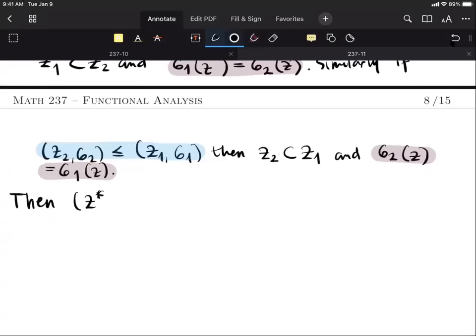In other words, this pair is an element of P. And furthermore, it is an upper bound of Q.